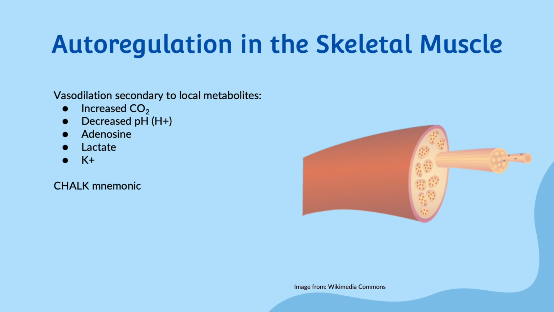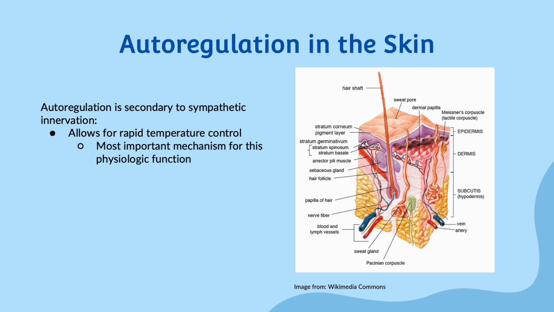That can cause vasodilation. Increased lactate, as seen in exercise, can cause vasodilation. And potassium levels may cause vasodilation if there's an increase in potassium as a local metabolite. So that's an easy way to remember autoregulation factors in skeletal muscle.